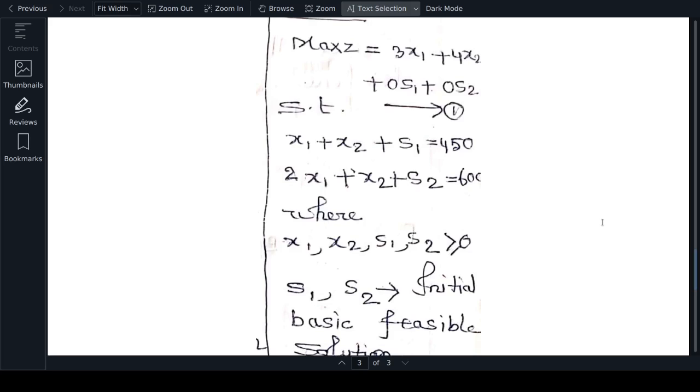So next class we shall solve how to solve the linear programming problem by the simplex method.